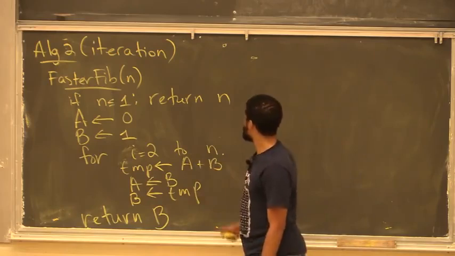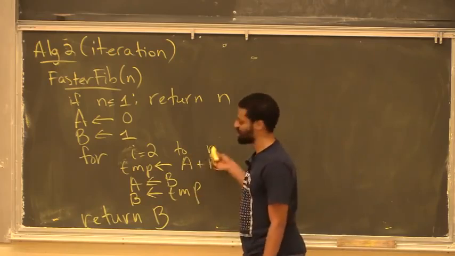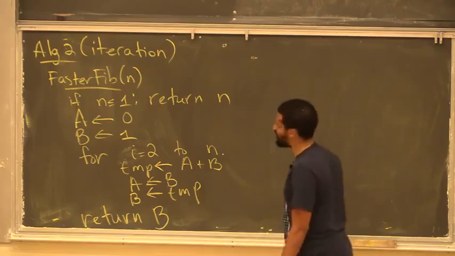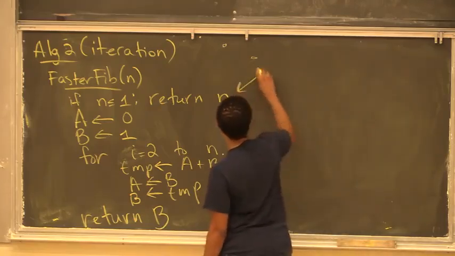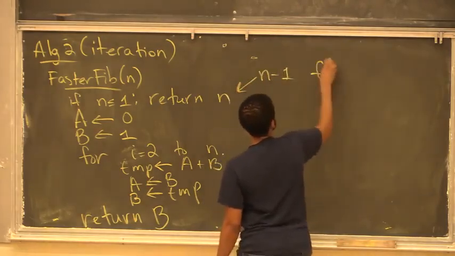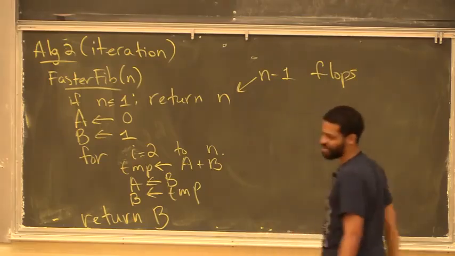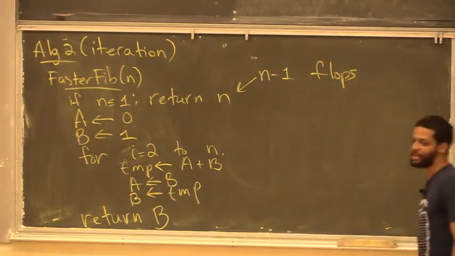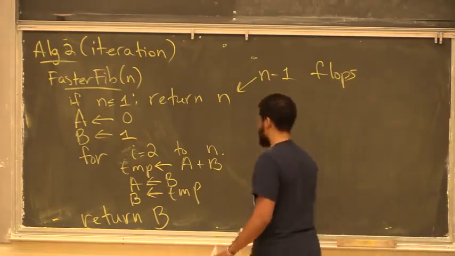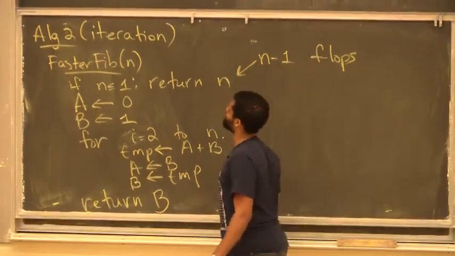Well, I go through this loop n minus 1 times, and each one I do an addition. So there are like n minus 1 flops here. An exponential improvement, right? From exponential in some constant times n to linear in n. Let's get yet another exponential improvement.